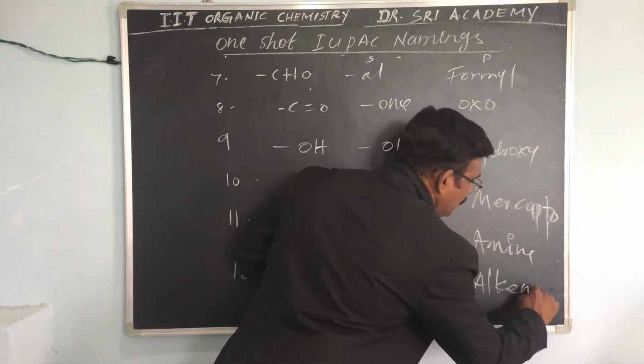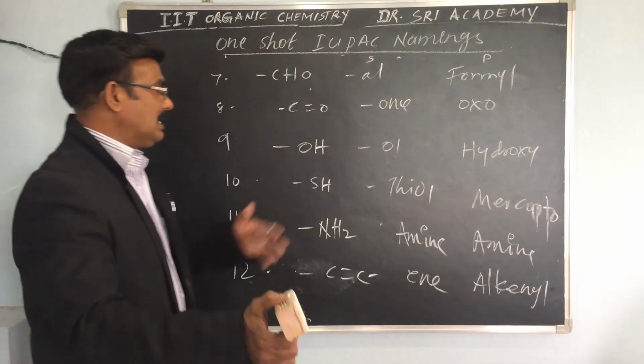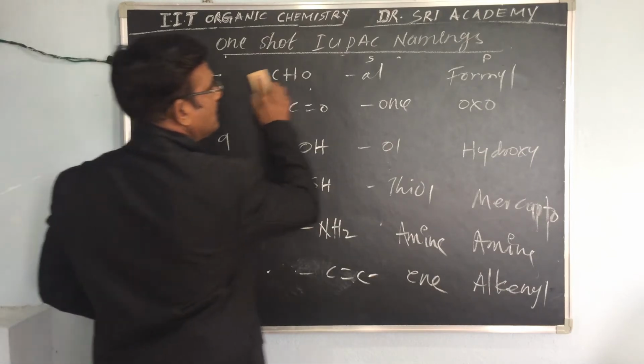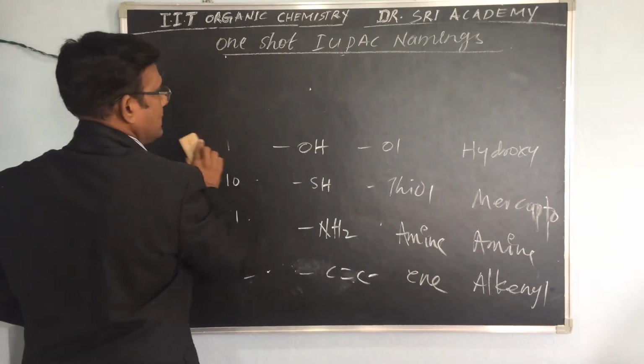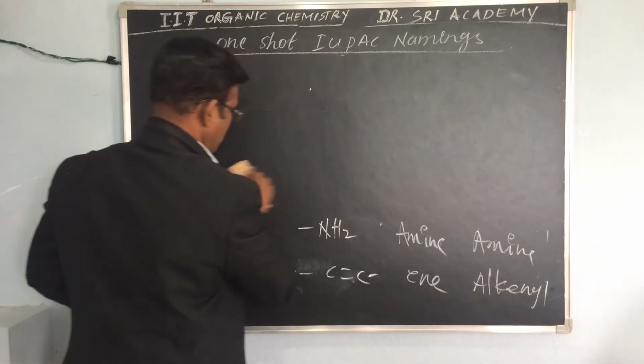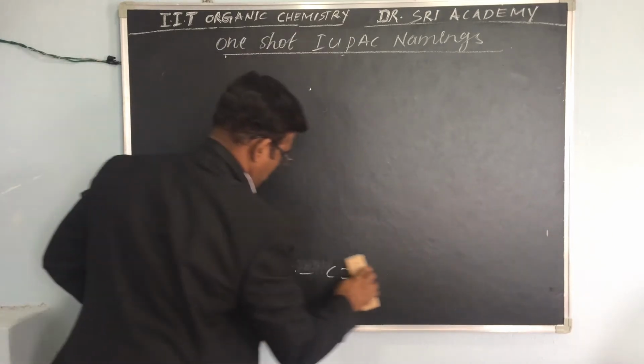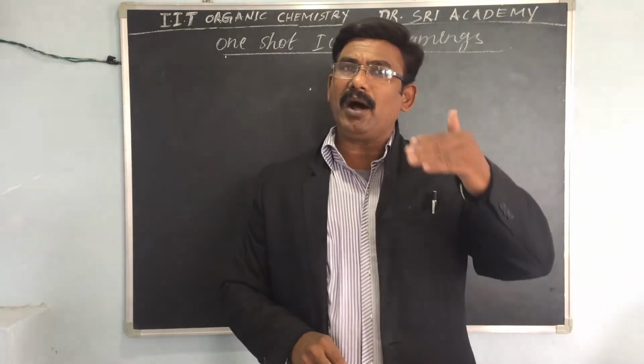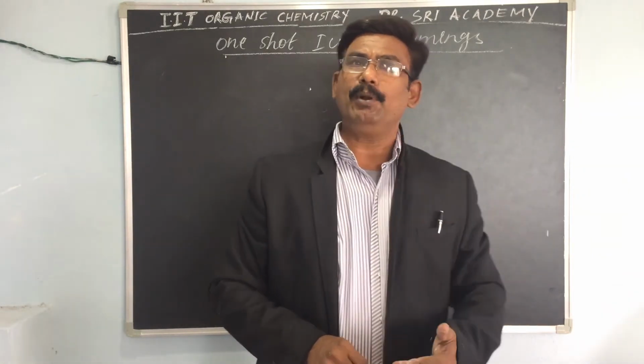Prefix is alkenyl. Please note down, dear students. Next, the 13th one: after the double bond you have to give priority to the triple bond.